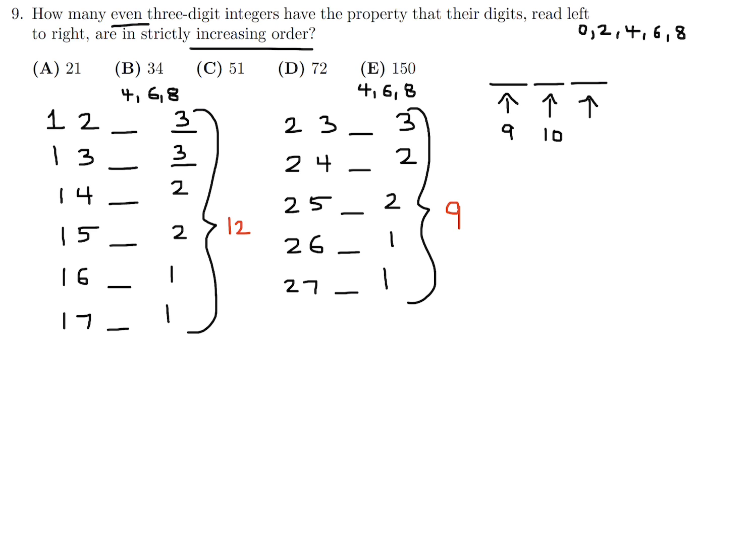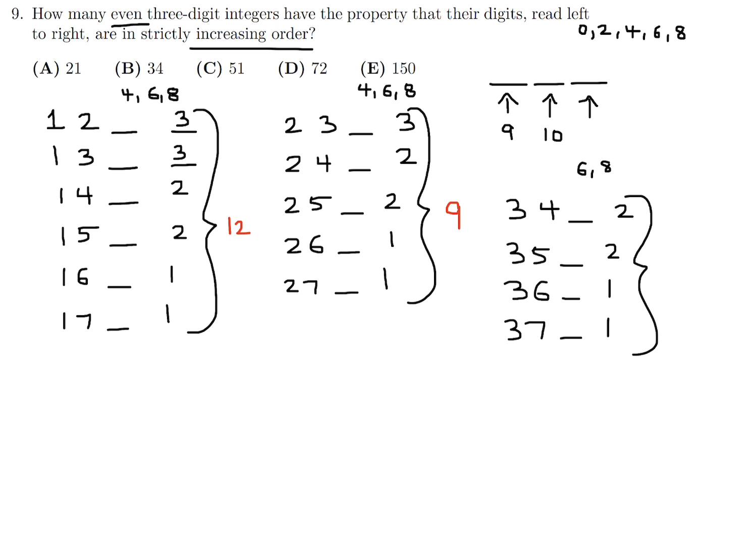All right? So I'll just keep going here. So for 3, 4, I can only put a 6 or an 8. That gives me 2 choices. 3, 5, 2 choices. 3, 6, 1 choice. 3, 7, 1 choice, and that's it. So now I have 6 more.